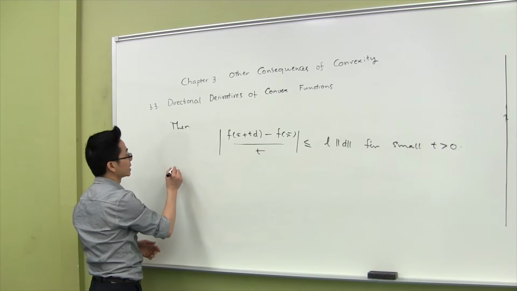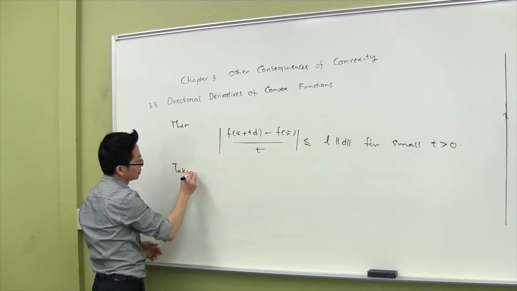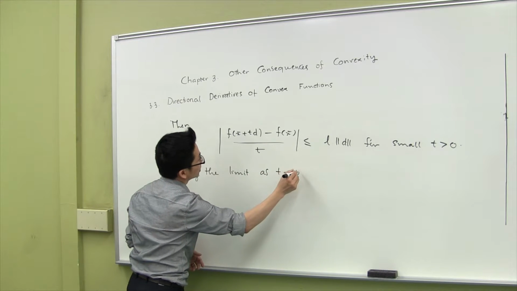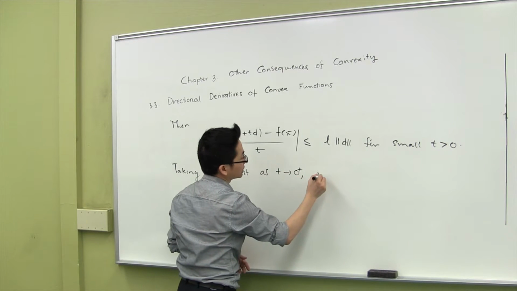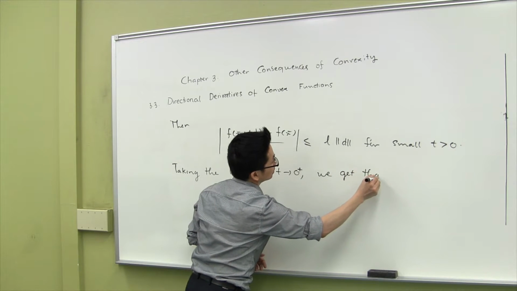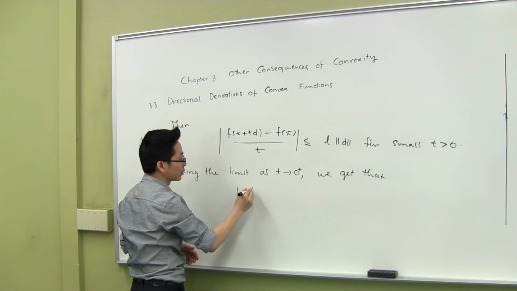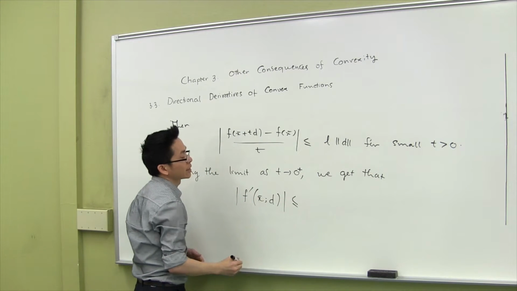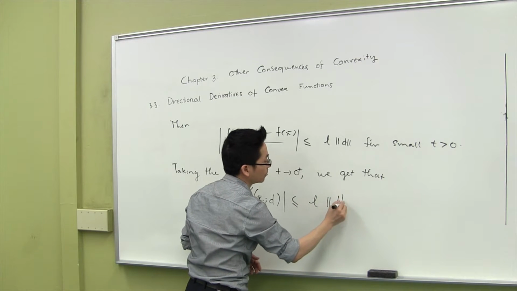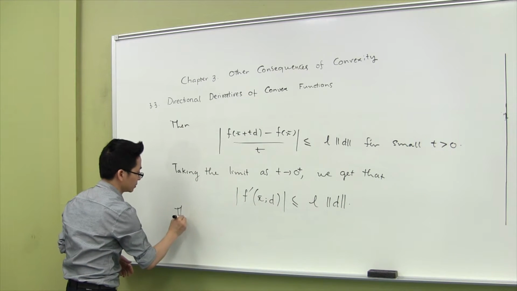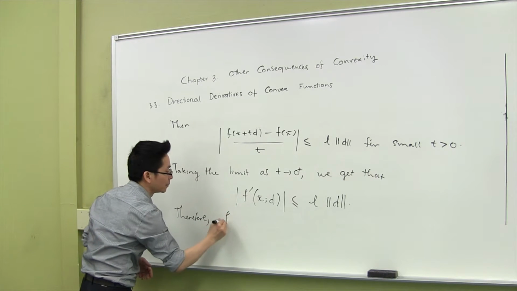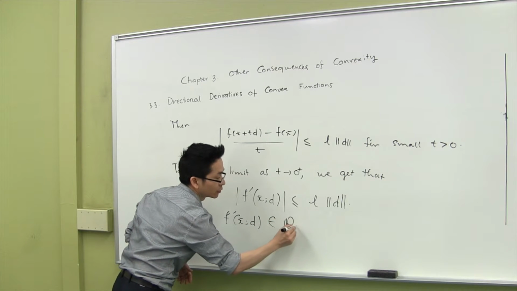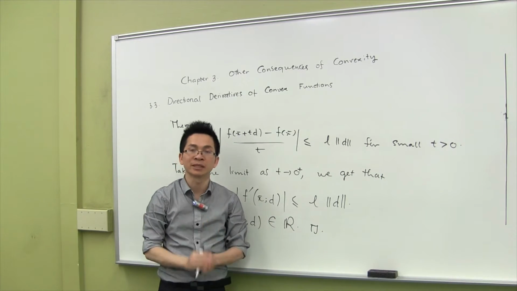Okay, so taking the limit as t approaches 0 from the right, we get that the absolute value of f prime at x bar in the direction d is always less than or equal to L times norm of d. Therefore, the directional derivative at x bar in the direction d is a real number, and the proof is complete.